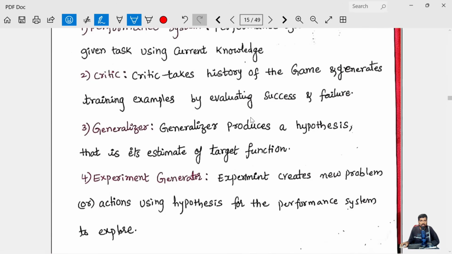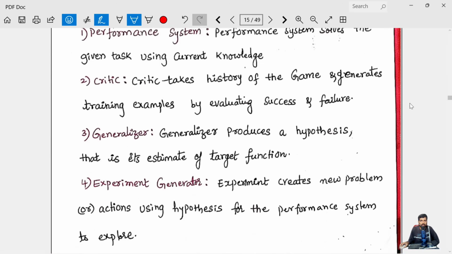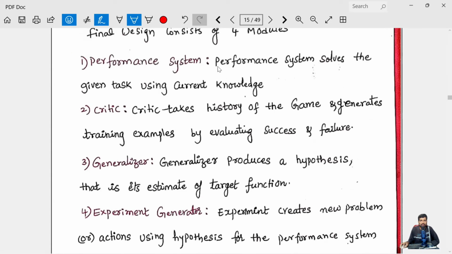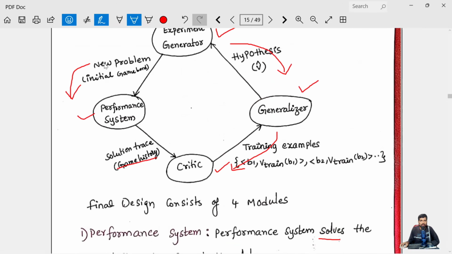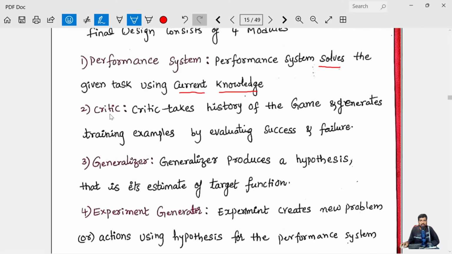The first one is the performance system. What is the meaning of the performance system? A performance system solves the given task using current knowledge, so it depends on current knowledge. The second one is the critic, which takes the history of the game.